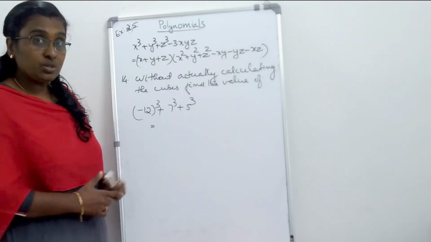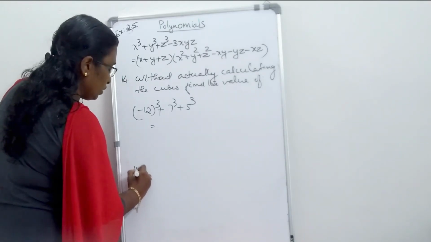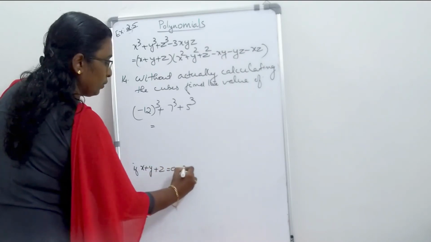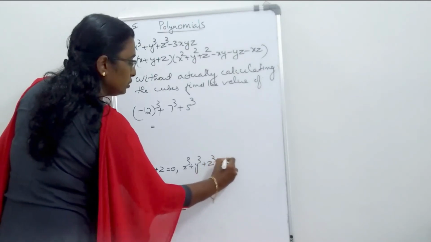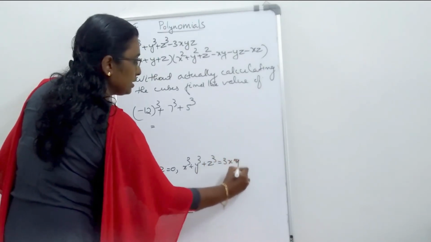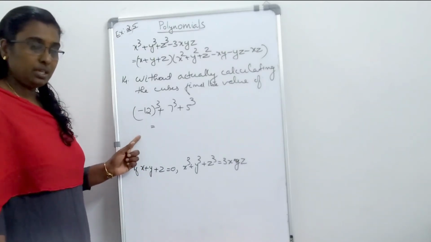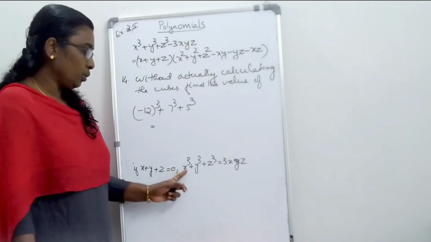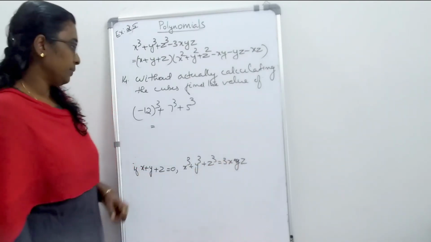In the previous question, we studied that if x plus y plus z equals 0, then x cube plus y cube plus z cube equals 3xyz.